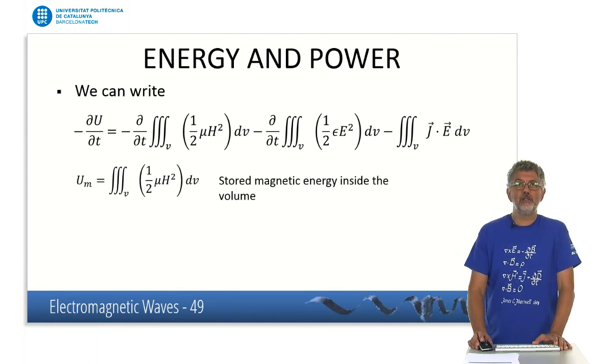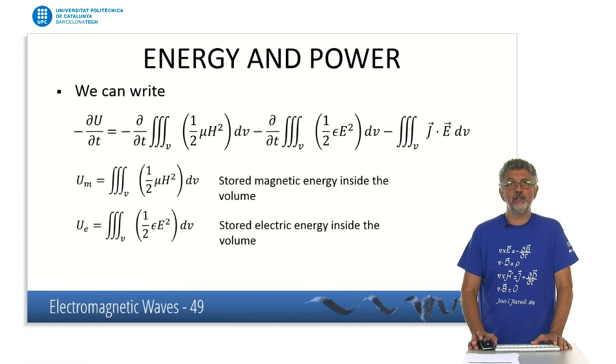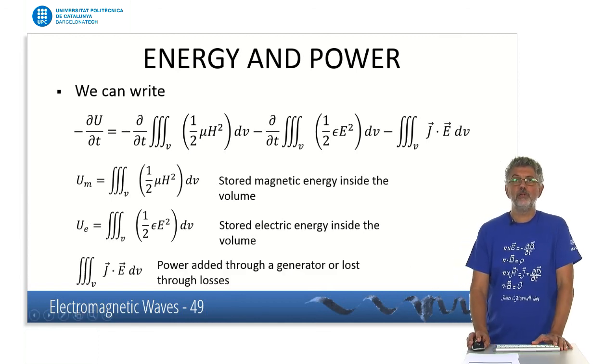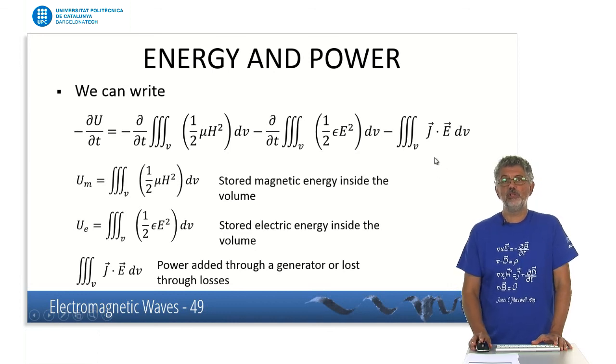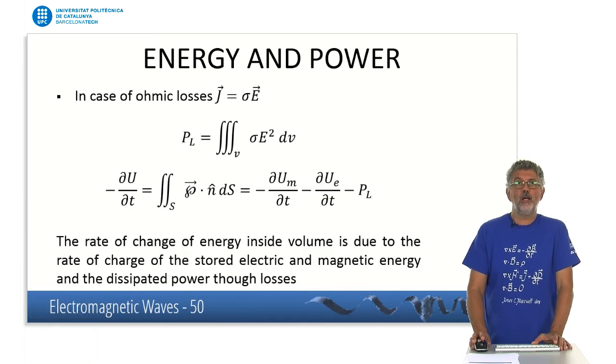We define the stored magnetic energy inside the volume, given by this equation, the stored electric energy inside the volume, and that last term is the power added through a generator or lost through losses. For instance, in the case of a conductor with ohmic losses, we know that the current density is sigma, the conductivity, times the electric field.